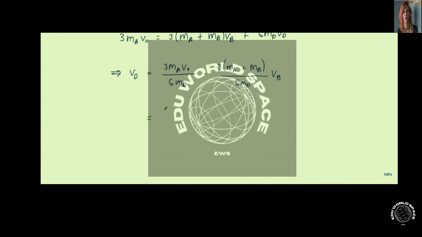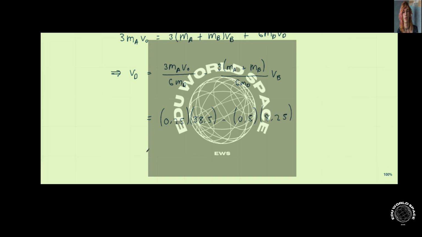And if we substitute our values in here, again all these values are known, we get 0.25 into 38.5 minus 0.5 into 8.25.